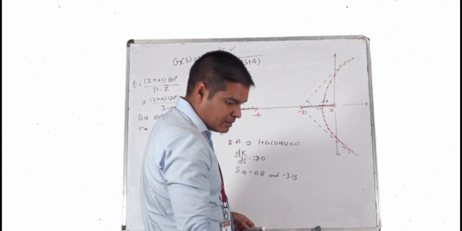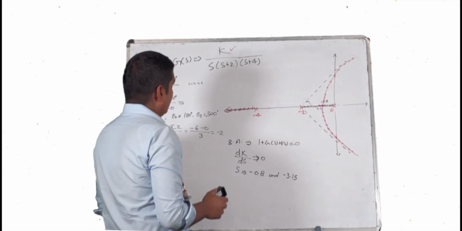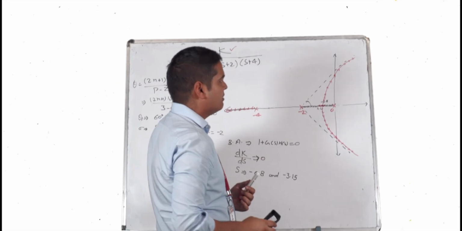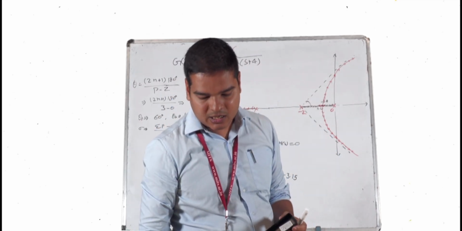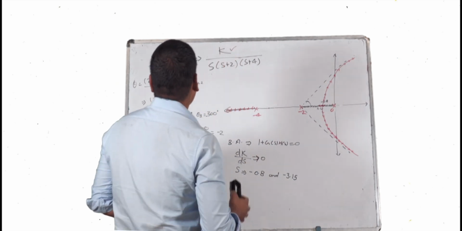So that is undesirable. In order to correct this, in order to further stabilize the system, we will add one extra zero in the system, and again we will try to analyze the stability using root locus.